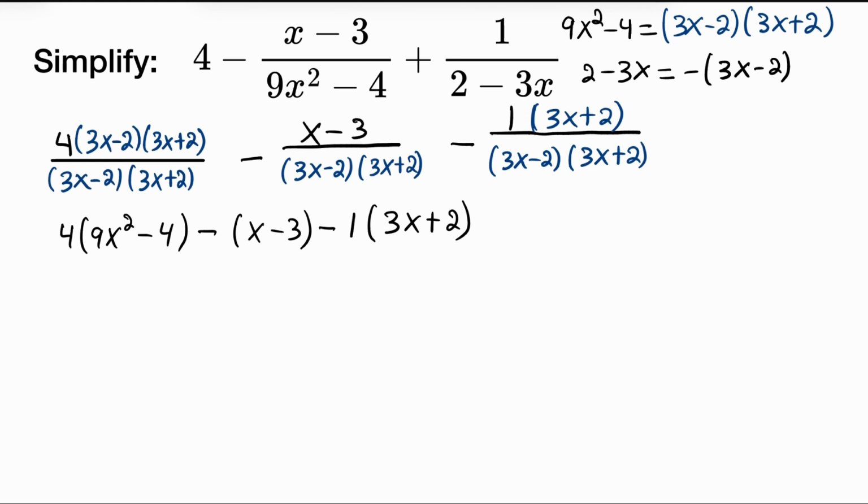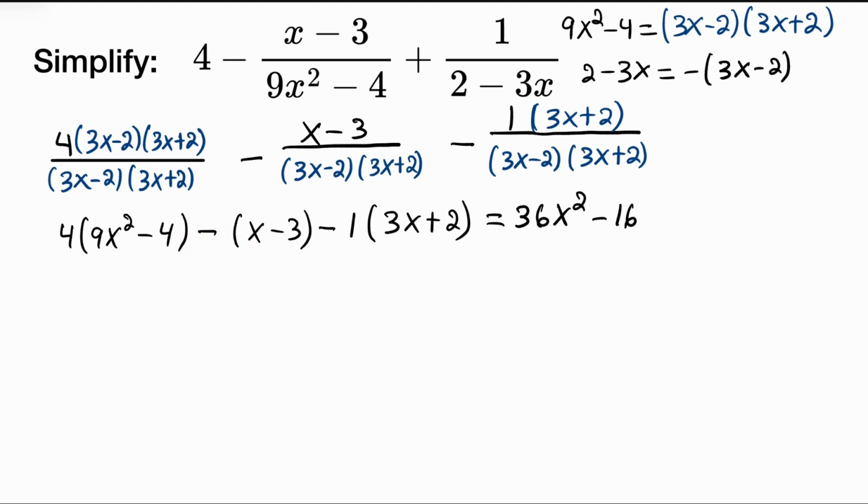So we have 4 times 9x squared, which equals 36x squared. So we'll write that as 36x squared. And then we have 4 times negative 4, which is negative 16. Be careful with your negative. So this negative distributes to each term within the parentheses.